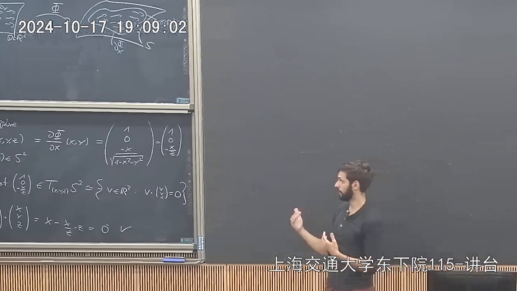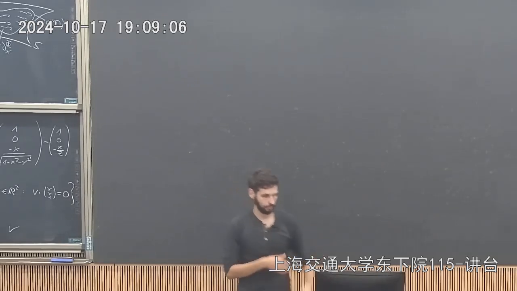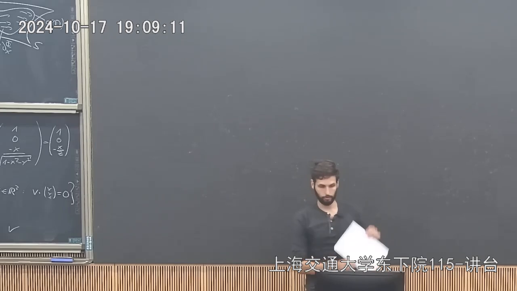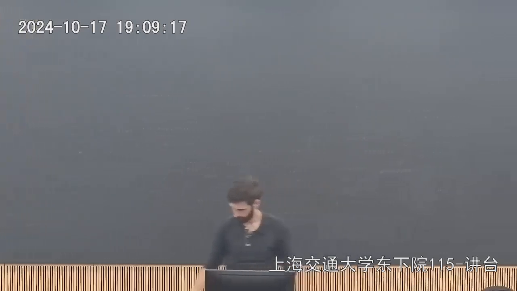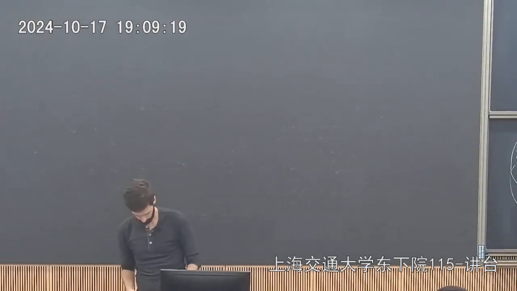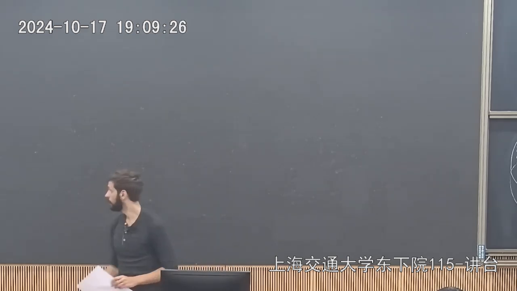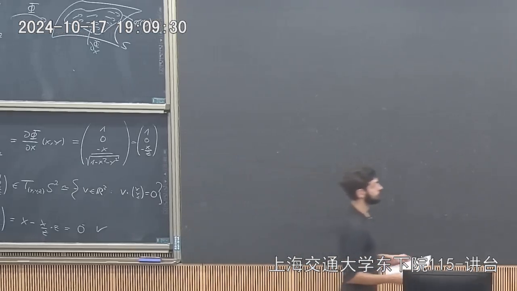But it asks: what is the x direction under this curving? What is the x direction if you curve that? So that's so much for that example for the sphere.